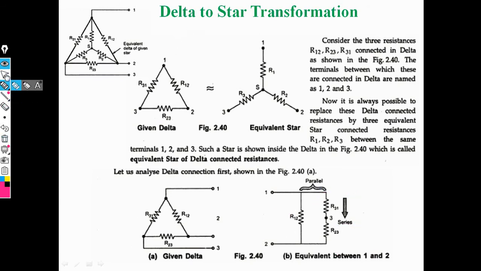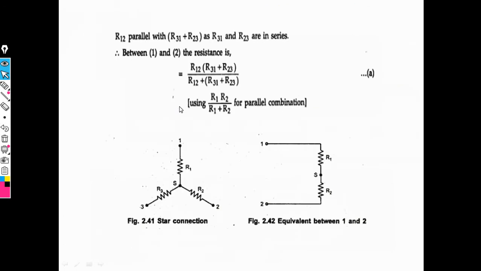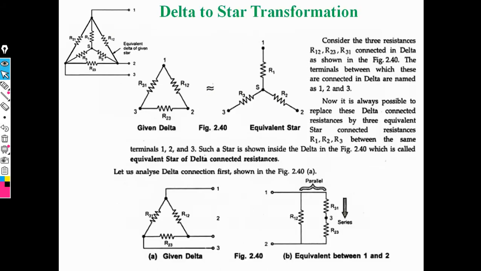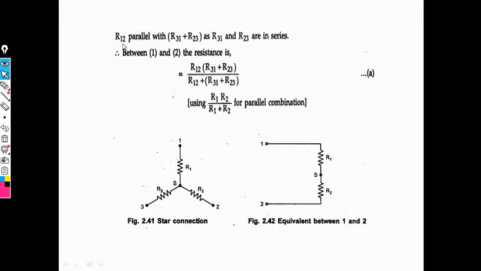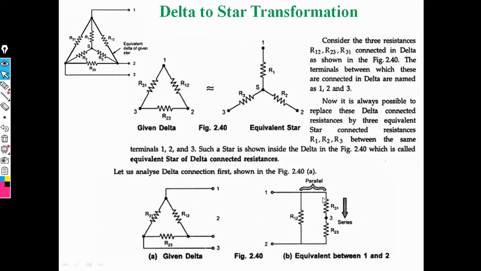Okay, now we have to obtain the parameters. Here we need R12, that is R12 is parallel to R31 and R23, and this is R2.